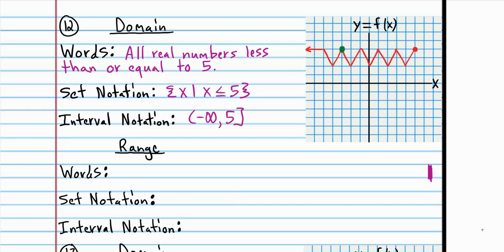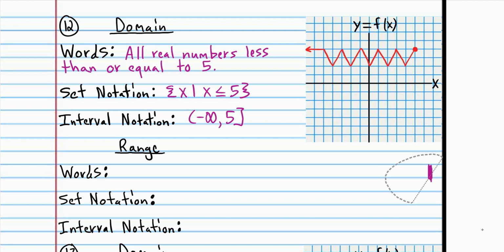The points that have the biggest y values are these points up here at the top of those corners, and the points that have the smallest y values are the points at the bottom parts of those teeth, those corners, whatever you want to call them. So all the y values are between 2 and 4. We don't have any gaps in here, so all the y values in between those values are represented.